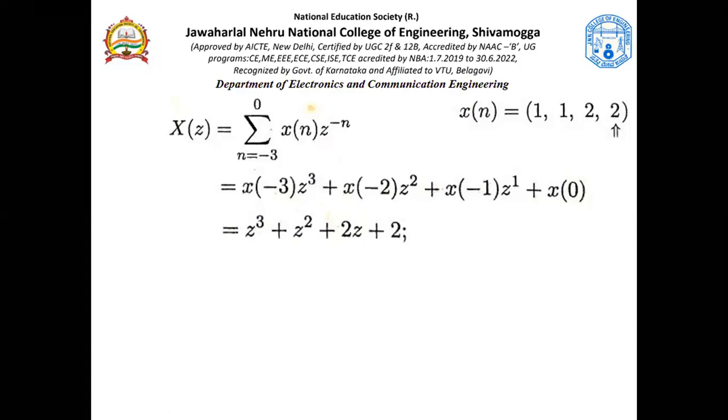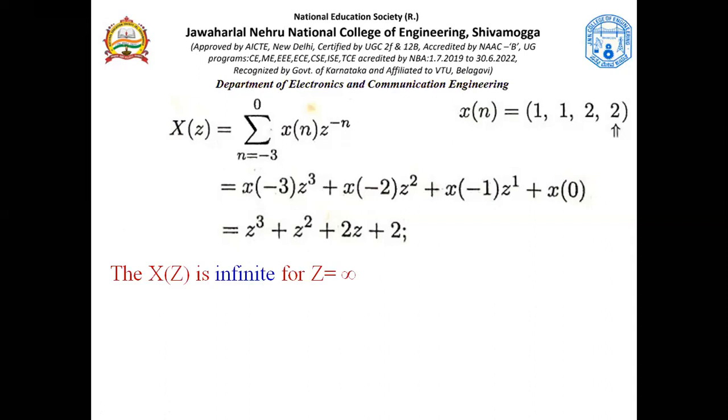Similar to what we had done in the previous case, let's see for what values of z this X of z would be infinite. For z equal to infinity, this would be infinite, right? This will not form the region of convergence.